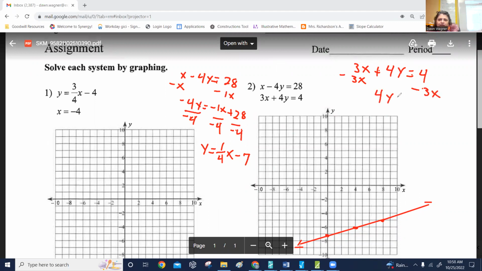Four y equals negative 3x plus 4, and you divide by 4 all the way across, which was correct on what we did before, which then you get y equals negative 3/4 x plus 1. So 1 is right here. I'm going down 1, 2, 3, 1, 2, 3, 4. There it is, right here.